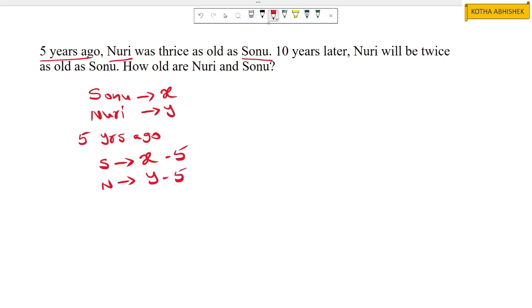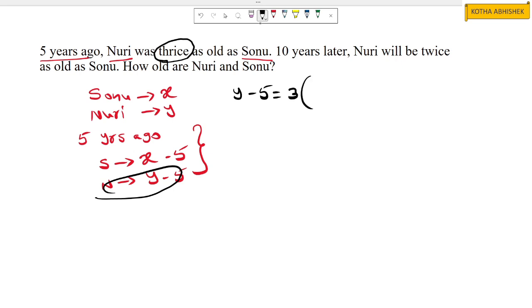Now let us move to the sentence again. 5 years back. As soon as you write these 5 years ago ages, forget about the present ages now. 5 years ago, Noori was thrice as old as Sonu. Now here, Noori was, so Noori is y minus 5. So y minus 5, whether it is was, will be, would be, should be, anything, there is an equal symbol. Thrice as old as Sonu. Thrice, 3 times Sonu.